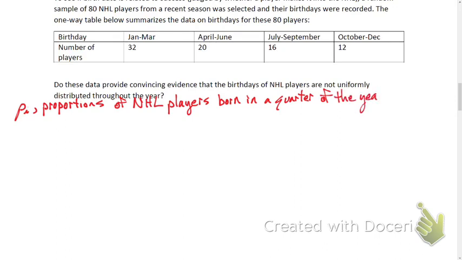So one thing I would do is I would note this is quarter 1, quarter 2, quarter 3, and quarter 4. So then in my hypothesis, I would just say we are going to assume that they're all equal.